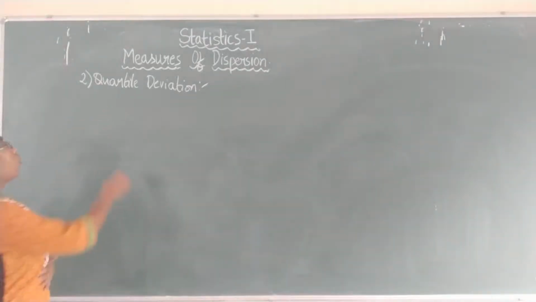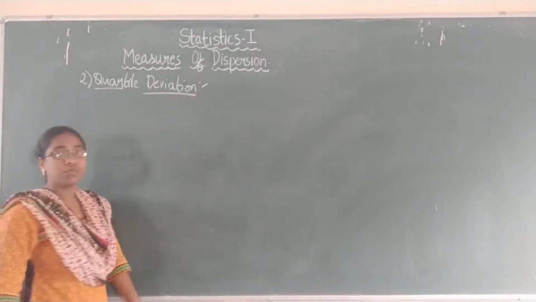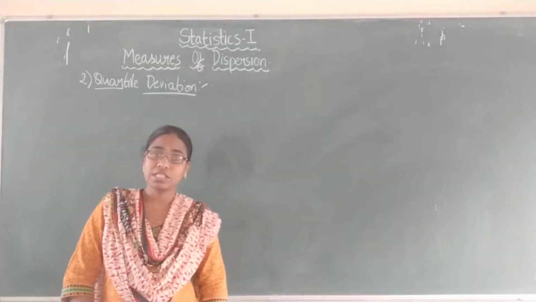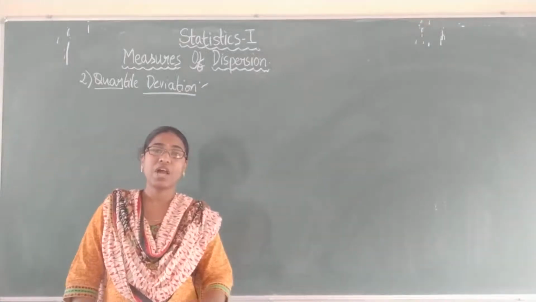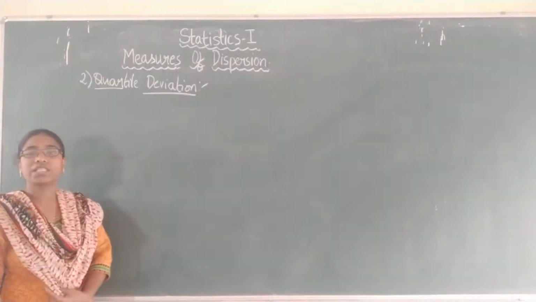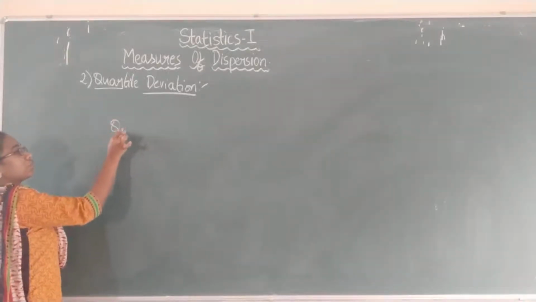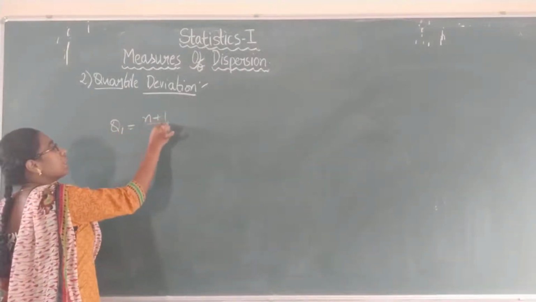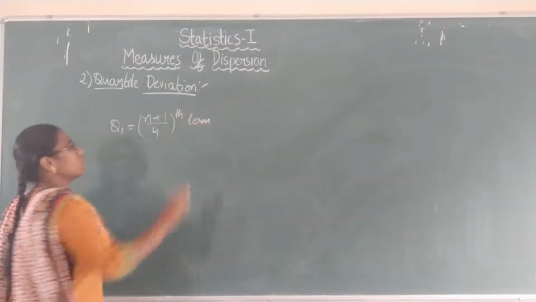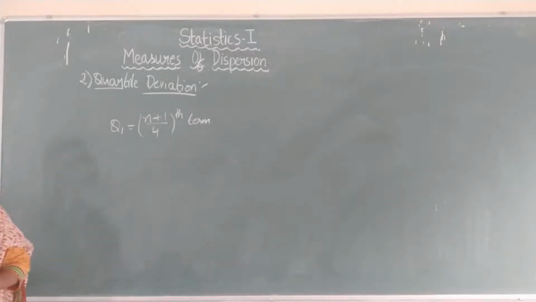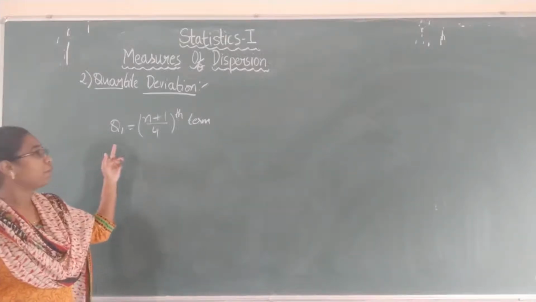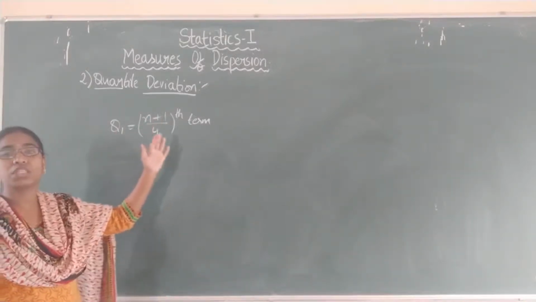Now, the quartile deviation for the ungrouped data. In ungrouped data, we are going to have only the variables, the different values of the variable. So how will we find the quartiles? After arranging the data either in ascending or descending order, Q1 is calculated by the (n plus 1) by 4th term.